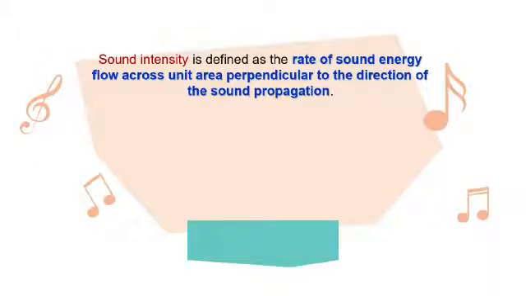Sound intensity is defined as the rate of sound energy flow across unit area perpendicular to the direction of the sound propagation. Mathematically, I is equal to E over dA.